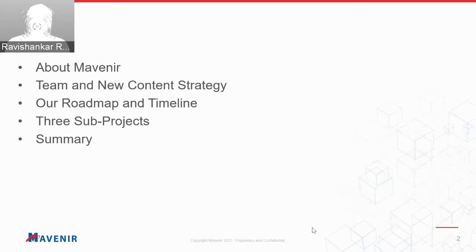We will cover the roadmap that we had and how we accomplished the project implementation. We'll then move on to how we broke the project into manageable chunks of small multiple projects. And that's what we will talk about in that 3 sub-projects bullet that you see on the slide.